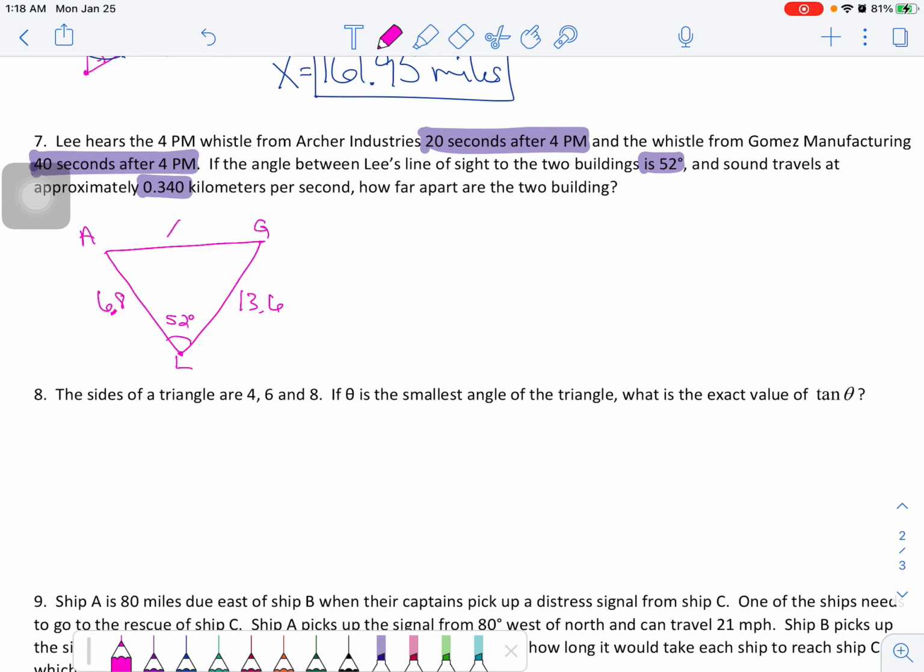And we want to know how far apart these two buildings are. So we want to know that distance. So same law of cosines we've been setting up. X squared equals 6.8 squared plus 13.6 squared minus 2 times 6.8 times 13.6 cosine of 52.